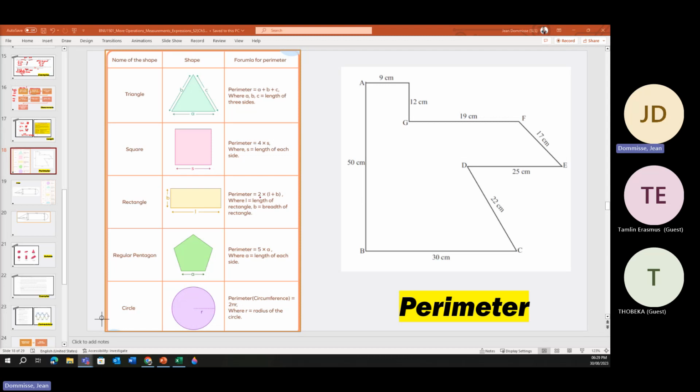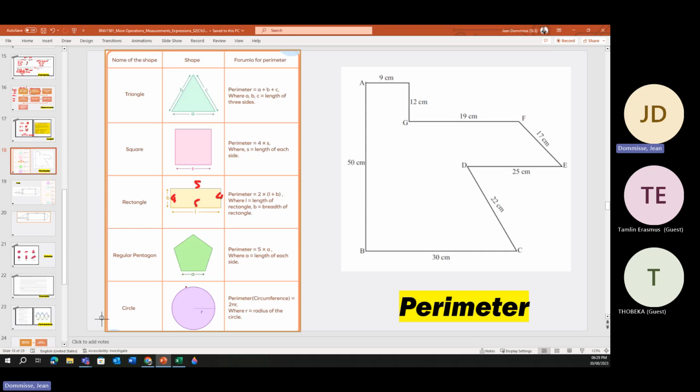Rectangle: length times breadth, then times 2 because there are 2 more, or you could just say if that is 5 and that is 4, then that must be 5 and that must be 4, and add all of them together.